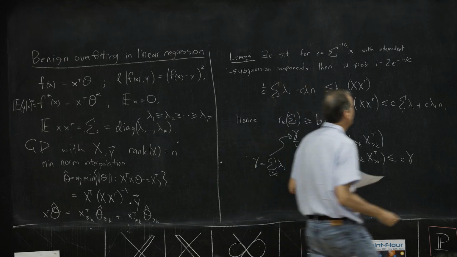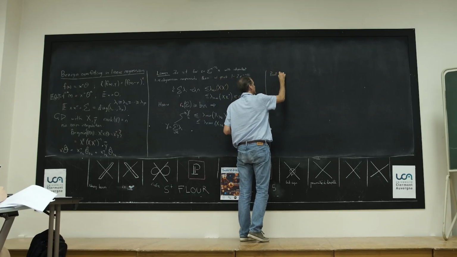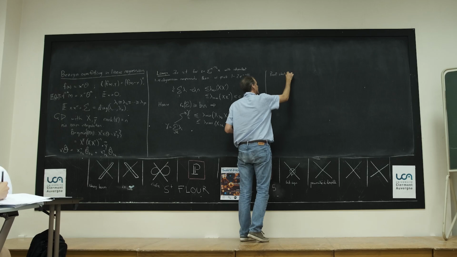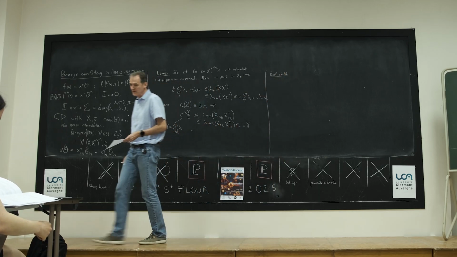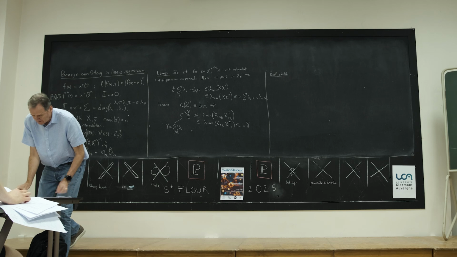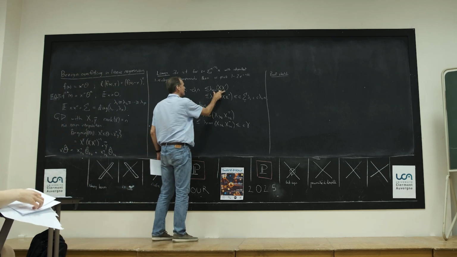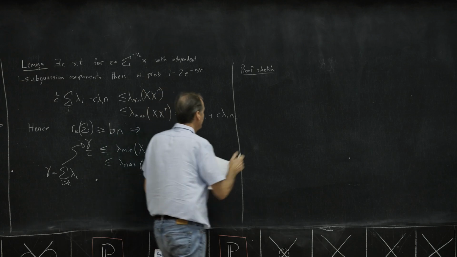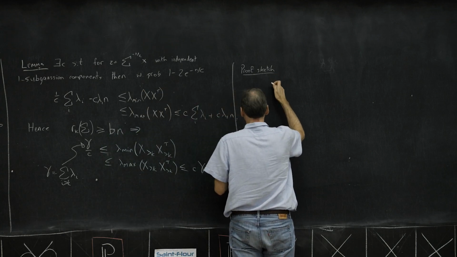Okay, so let's have a look at why this is true. We'll do a proof. We'll be a little bit sketchy. Let's think about what happens in a particular direction. So we want to constrain the eigenvalues for a single unit vector.